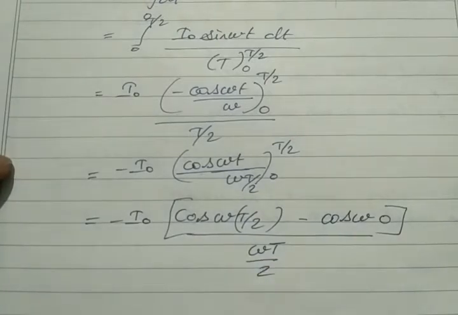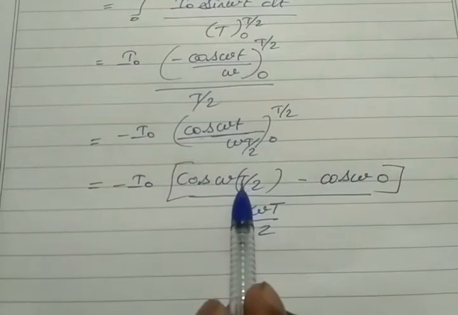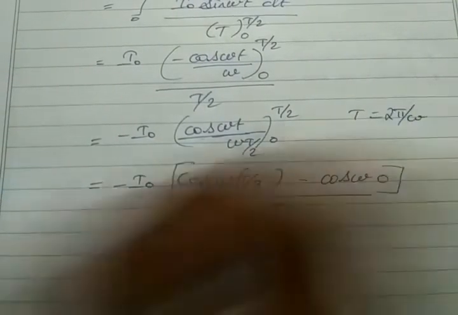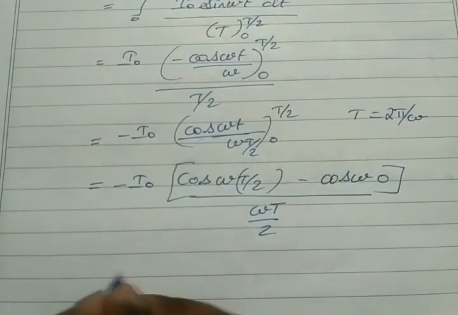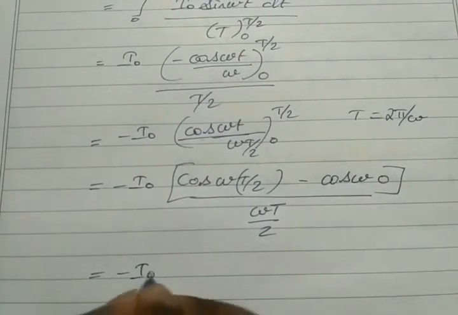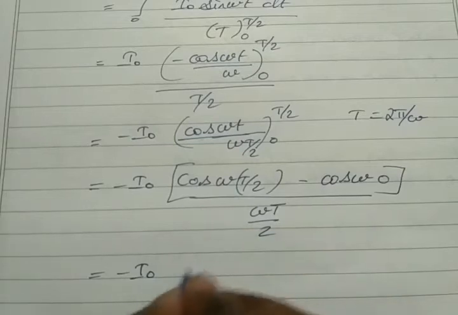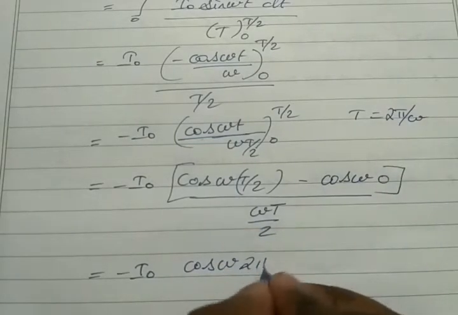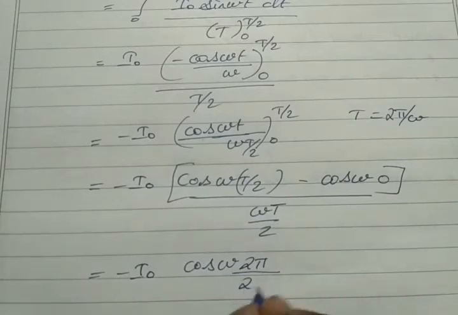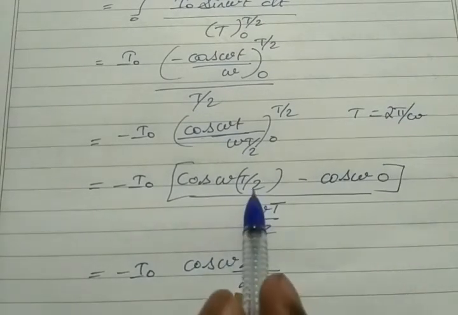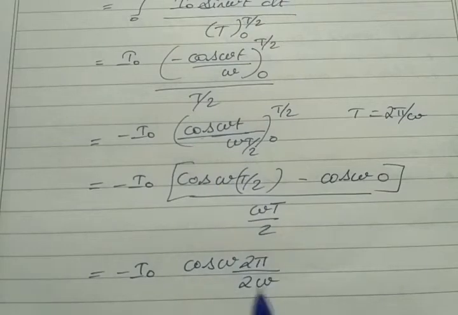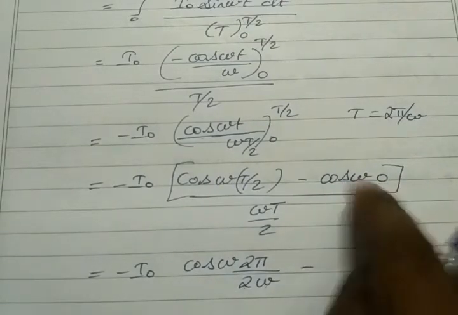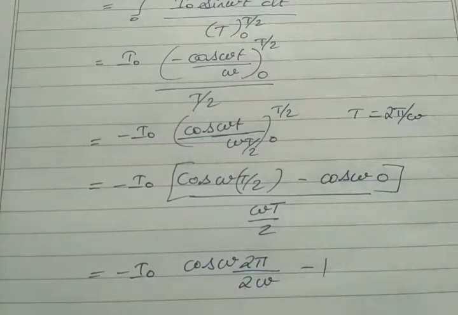Clear? Here instead of T substitute the value T equal to 2 pi by omega. So we have minus I naught cos omega times 2 pi by omega into 2, here also we have 1 by 2, minus cos omega into 0, and cos 0 value will be 1.